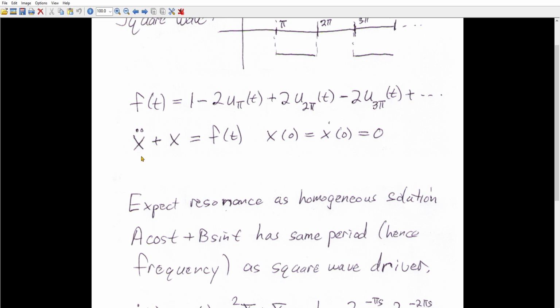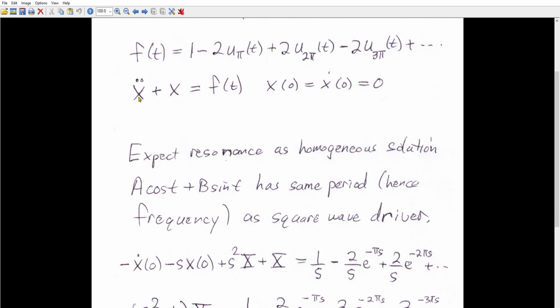And what we're going to drive is the oscillator described by x double dot plus x. Now, this thing has characteristic equation r squared plus 1. That means the homogeneous solutions are going to be sine and cosine of t, a cosine t plus b sine t.